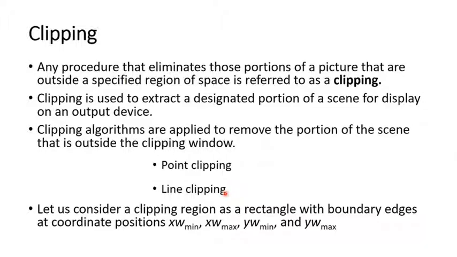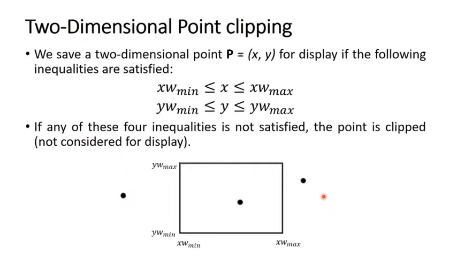Imagine that we have a rectangle or a clipping region that is defined by boundary xw min, xw max, yw min, and yw max. The point clipping is quite straightforward.